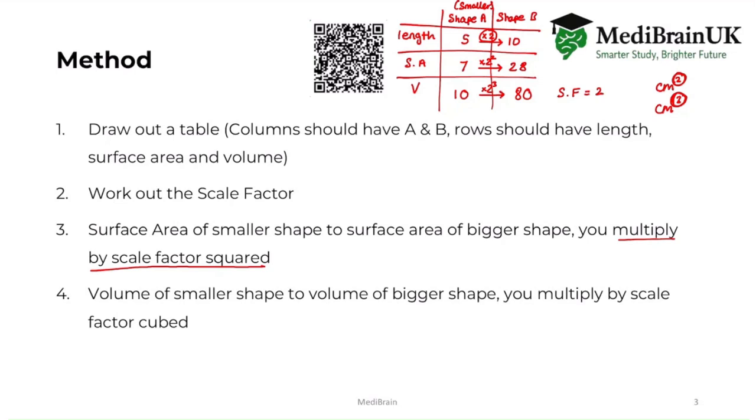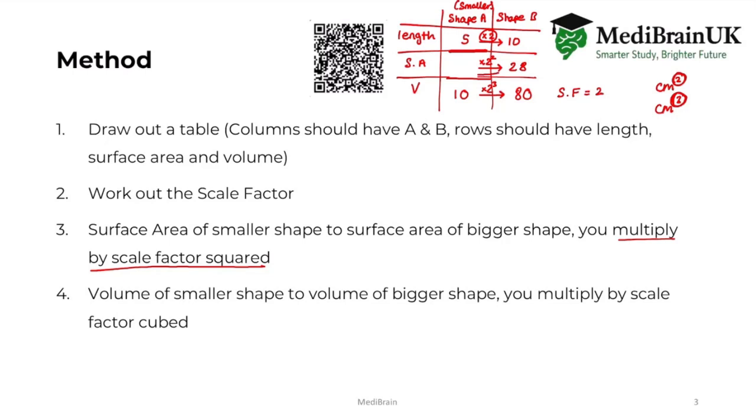If, for example, you had a gap in one of them, okay, let's make a gap in one of them. Let's pretend that we didn't know this over here. The method that this is for will make sense when we look at the question. So hold that thought. We'll come back to the question. So let's say that we didn't know what the surface area of shape A is. We're going the other way.